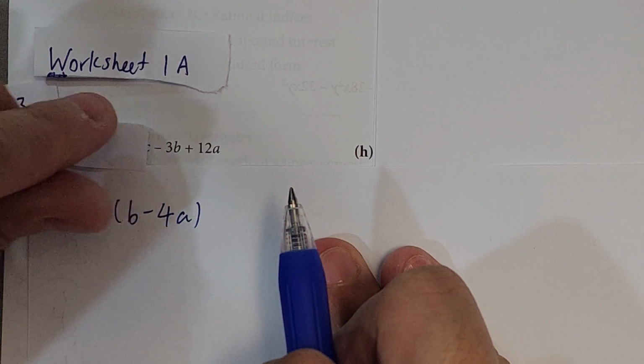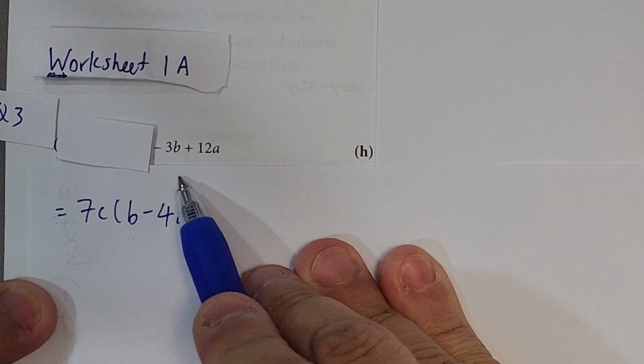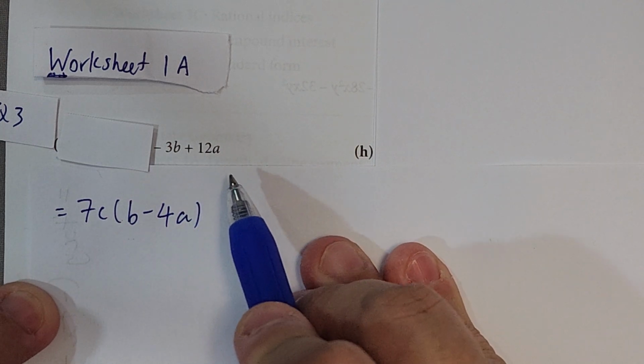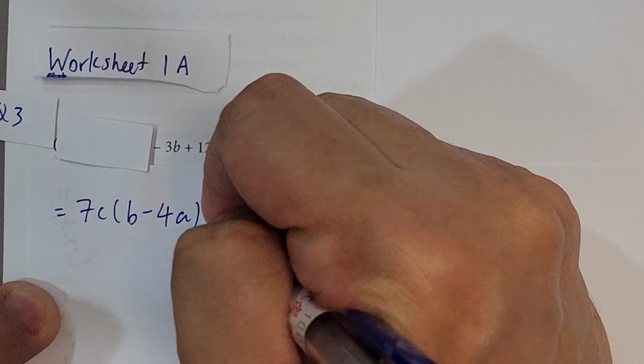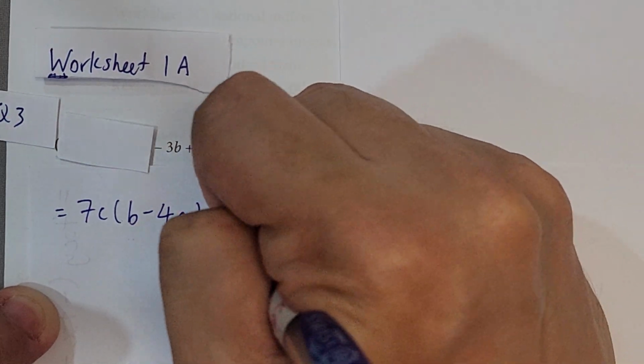Now I factorize the next 2 terms. I cover the first 2 terms; the next 2 terms are negative 3B plus 12A. What I do here is always factorize out the positive term first. The common factor is 3, so I factorize out a 3.